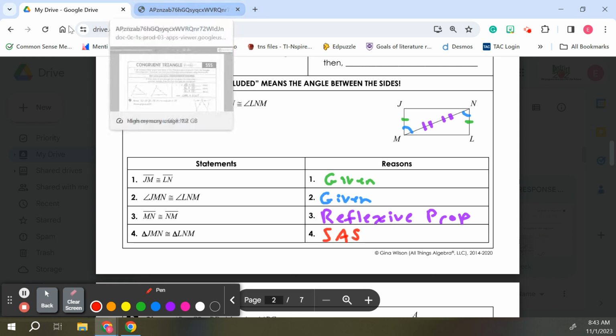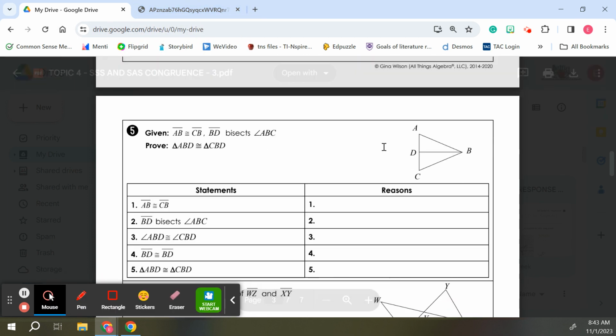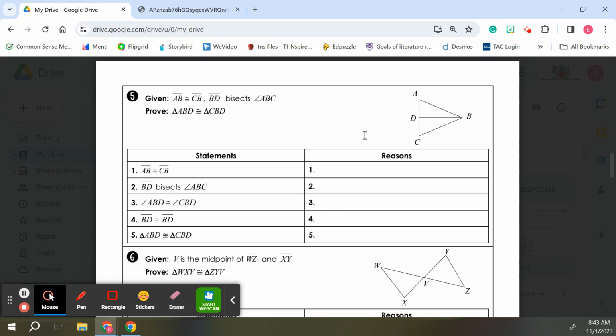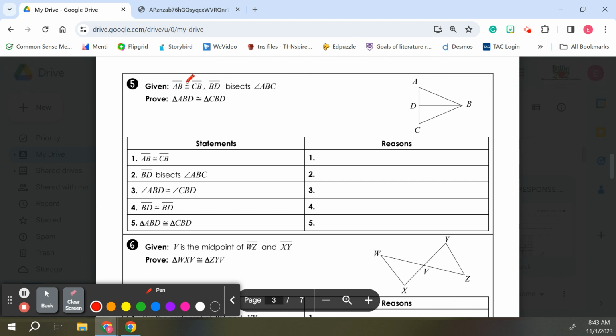All right. Next proof. Let's keep going. The thing that they're giving us here is that AB is congruent to CB. That's given to me. The next thing they're saying is that BD bisects angle ABC, that's given to me also. Now I'm going to work with that idea of the bisector.